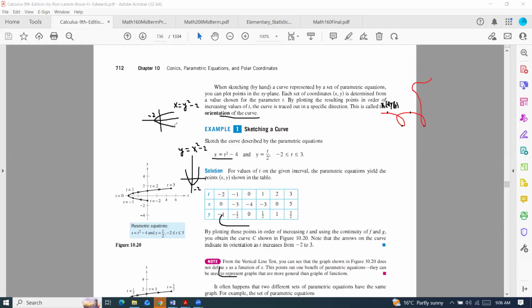So we should utilize our machinery that we developed for functions to be able to work with it.